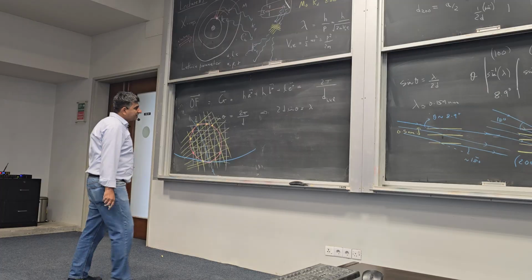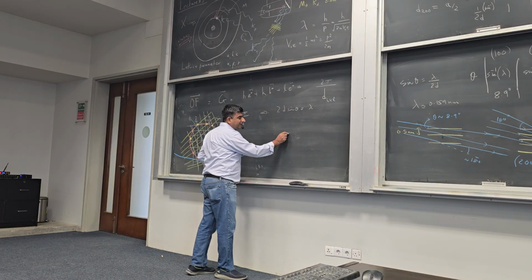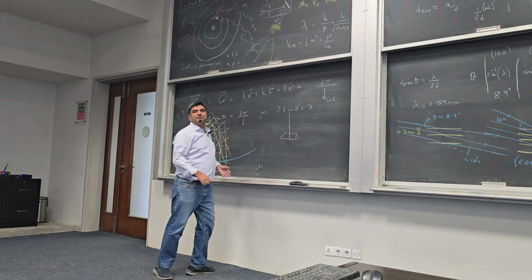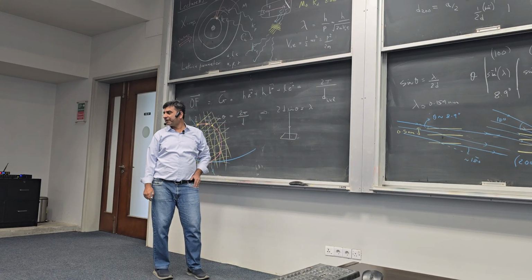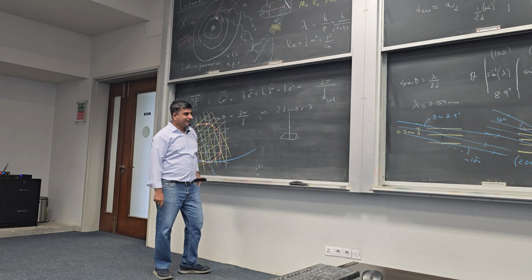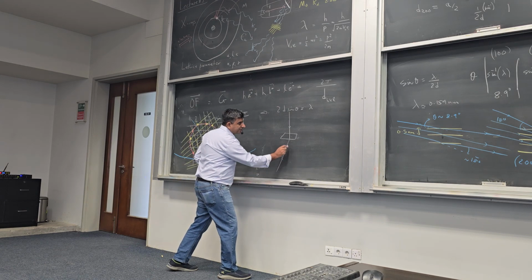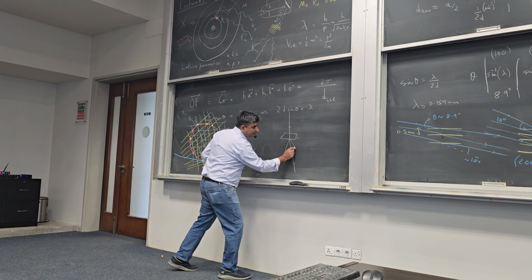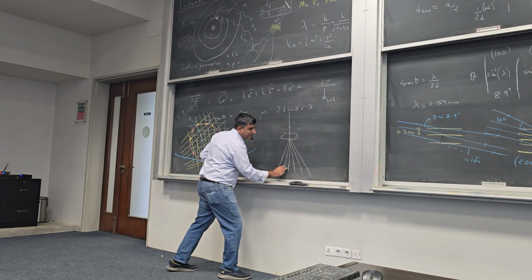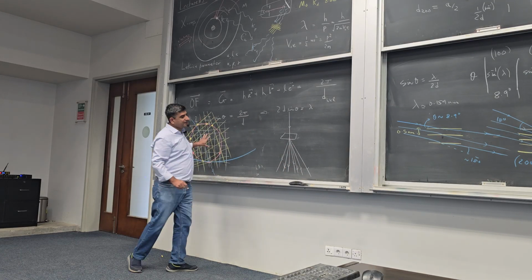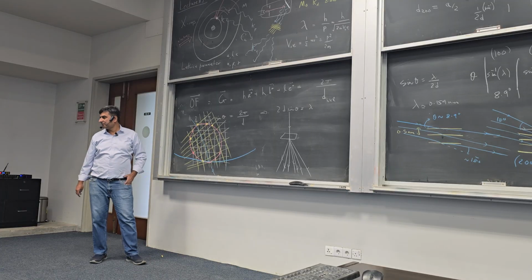So if you have a specimen of this kind and you shine an energetic electron beam onto this, there will be certain scattering directions. Certain thetas will be allowed, right? Just according to the Ewald construction.